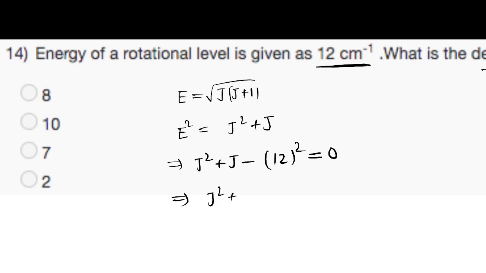So J square plus J, so we can write like this: J square minus 12 square plus J equal to 0.